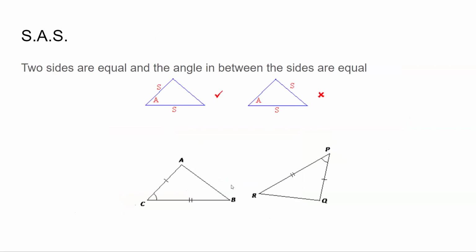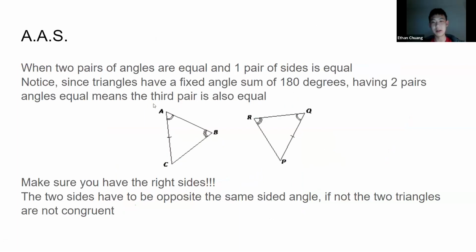The one before this one? Yeah, on the left triangle, the sides are to the left of the equal side, but on the right triangle, they're on the right of the equal side.